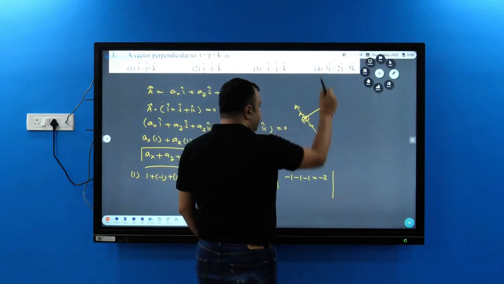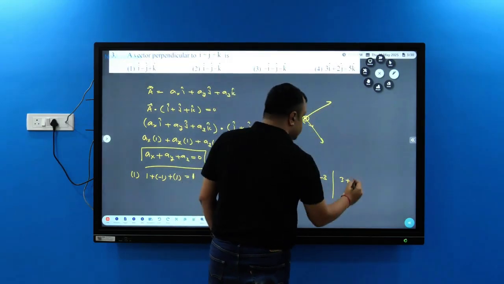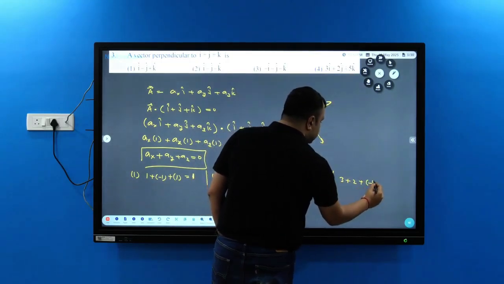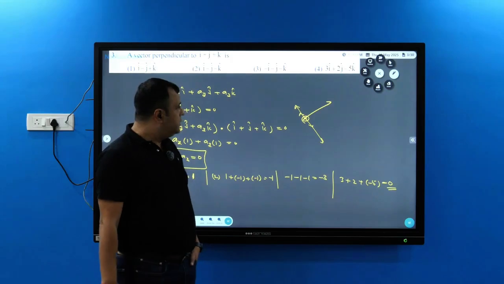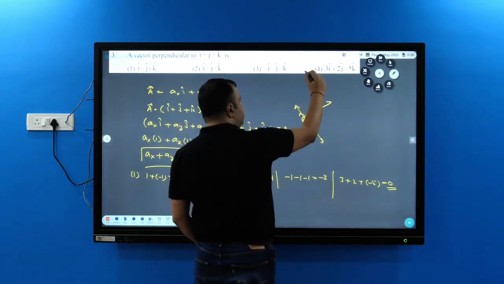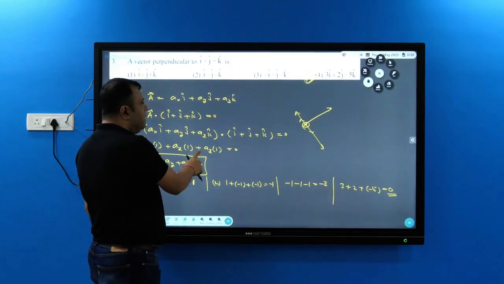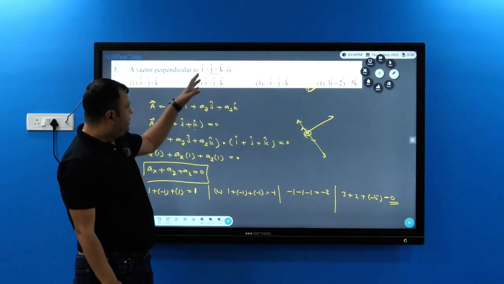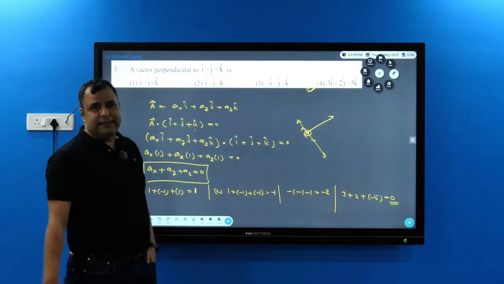Here Ax is 3, Ay is 2, and Az is minus 5, and that is becoming 0. So in this question, the fourth option is the right answer. It gives the dot product 0 with this vector, so the fourth option is perpendicular to i cap plus j cap plus k cap.